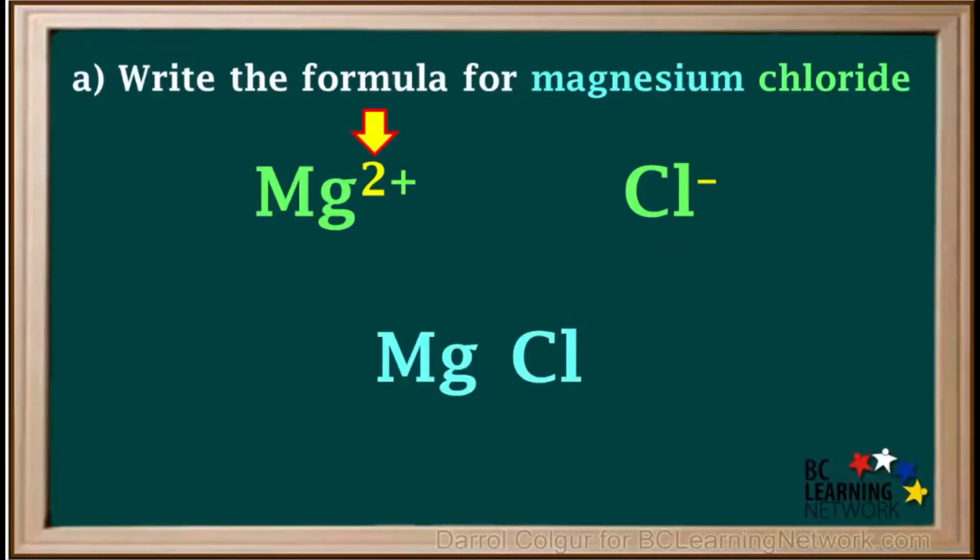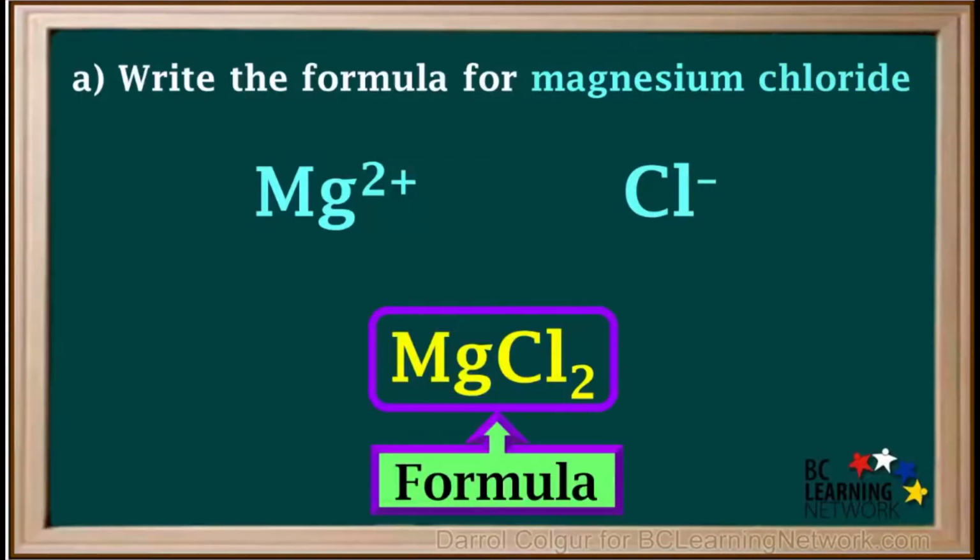Now we take the 2 from the charge on the magnesium, cross over, and write it next to the chlorine. Now we could take the 1 from the charge on the chloride, cross it over, and write it next to the magnesium, but we don't use the subscript 1 in a formula, so we don't need to write anything. So the formula has 1 Mg and 2 Cls. We'll compact it and write the final formula for magnesium chloride as MgCl2.